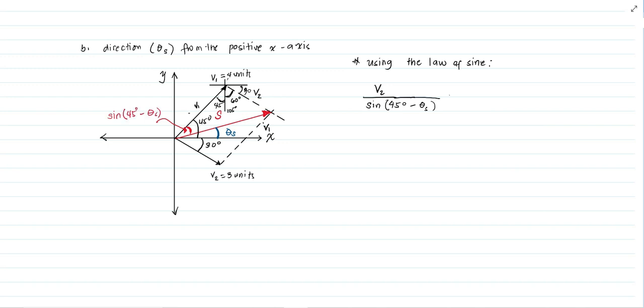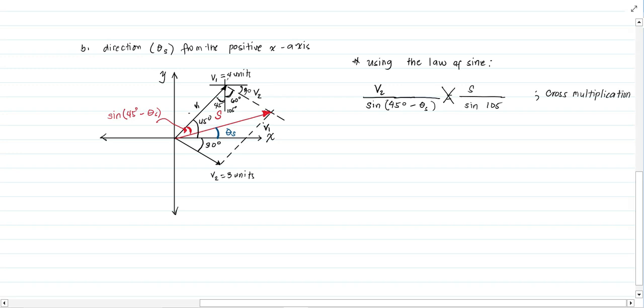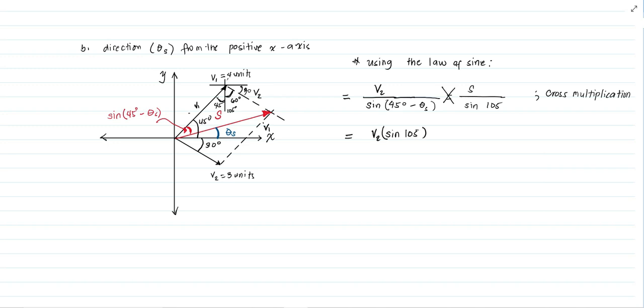We can now use the vector sum s divided by the sine of the angle on its opposite side, which is 105 degrees. Let us evaluate the equation using cross multiplication. We now have v sub 2 multiplied by sine 105 degrees equals vector sum s times sine of 45 degrees minus theta sub s.